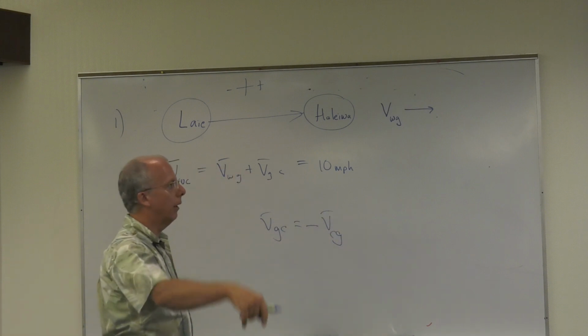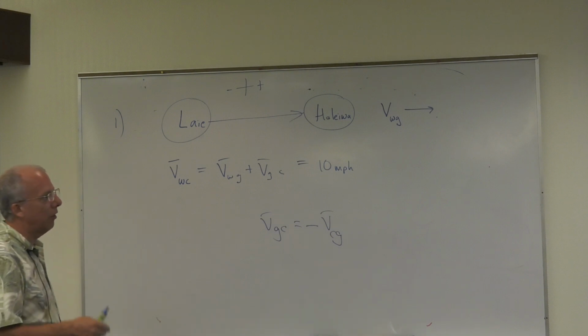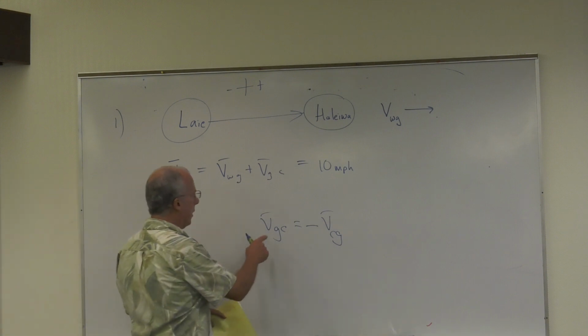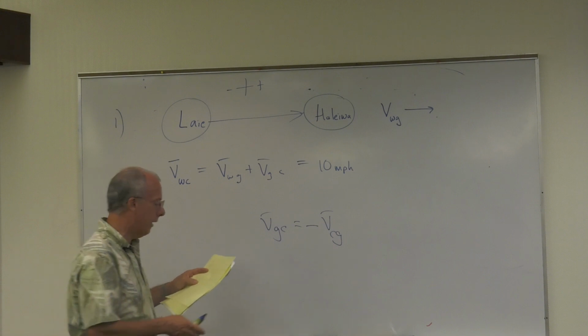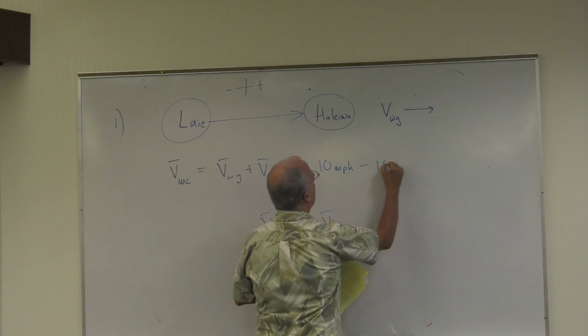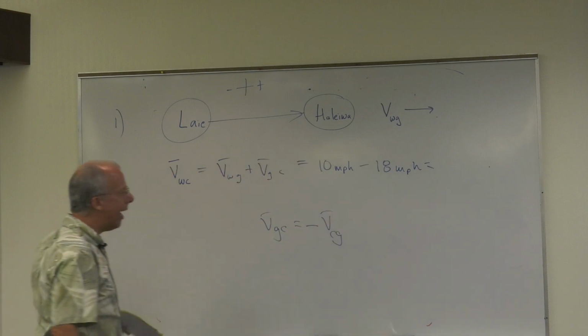The velocity of the cyclist relative to the ground is 18 miles an hour, so the velocity of the ground relative to the cyclist is minus 18 miles an hour. Don't forget that, all right?